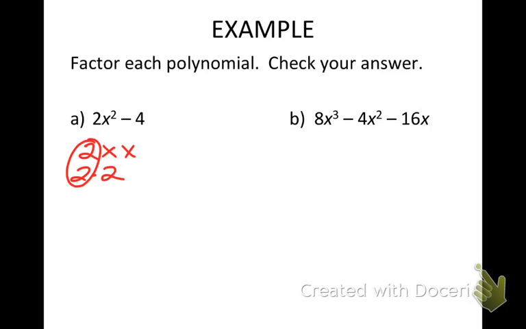X is the 0, right? So what's going to be the number that's in front of the parenthesis? 2. So this is equal to 2 times. Now if I eliminate this 2 out of the 2x squared, what's left over? X squared. Now bring down your minus. If I eliminate the 2 from the 4, what's left over? The 2. I just did the reverse of the distributive property.